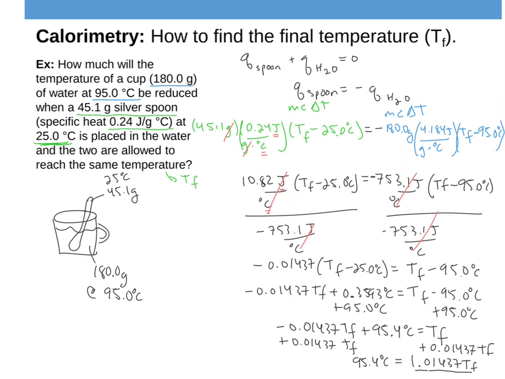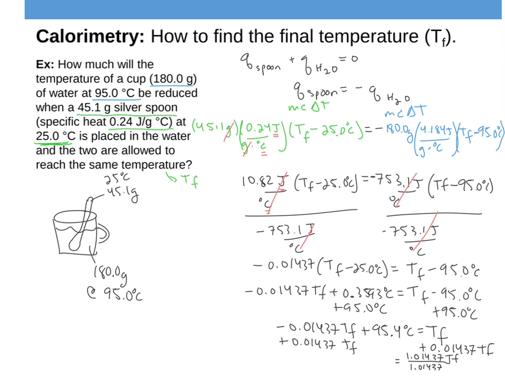I just got to divide both sides by 1.01437. Am I going to have enough room? I got to really smudge this. 1.01437 TF, and I'm dividing each side by that 1.01437 so that I get the TF all by itself. And I'm going to divide the left side also.